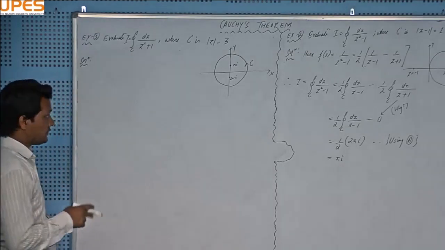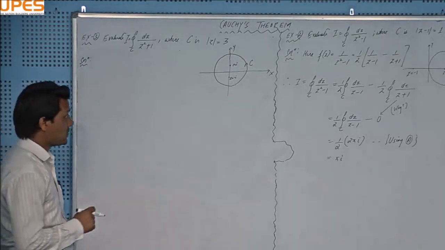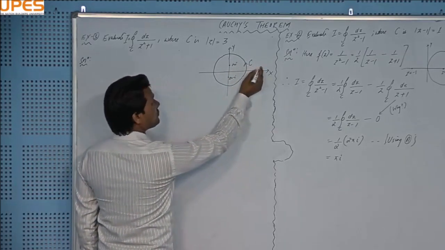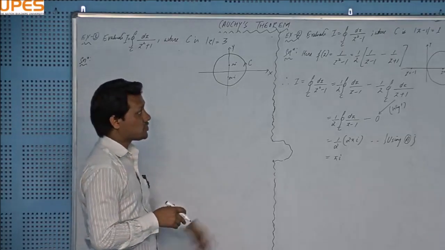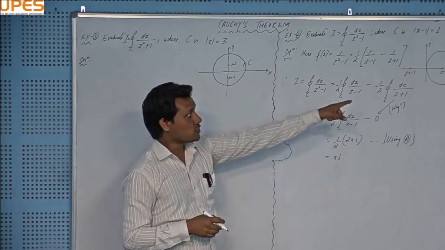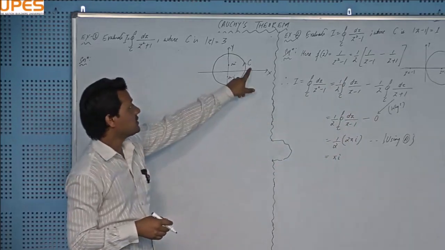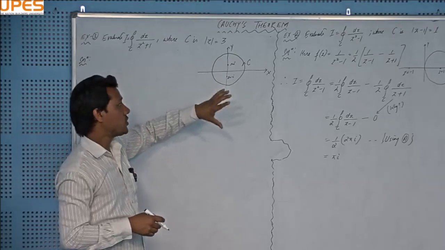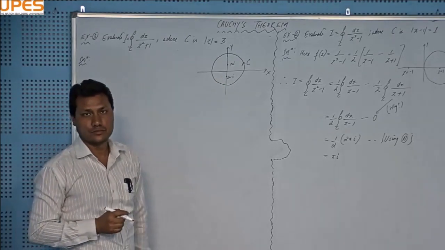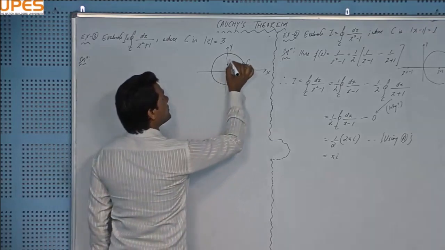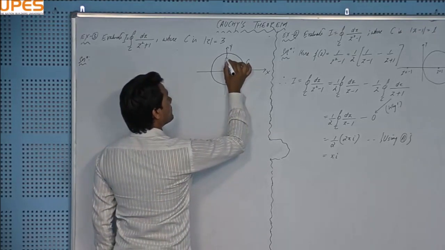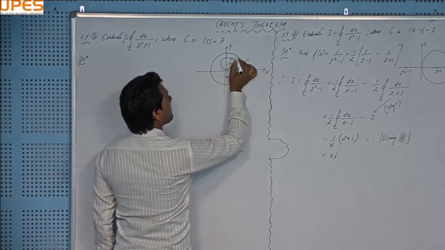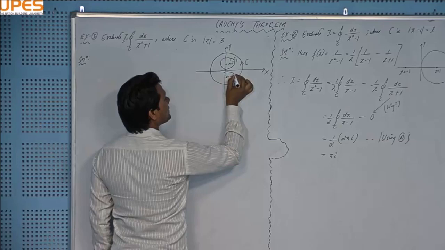Okay, now I have to draw new circles, right? Because if you want to treat this C as C1 or C2, that is not possible in this case as it was possible in that case, because that was enclosing only one singularity. This time the original contour is enclosing two singularities, right? So we have to draw two separate circles, C1 and C2, right? And let those circles be this one, C1, and this is C2, right?